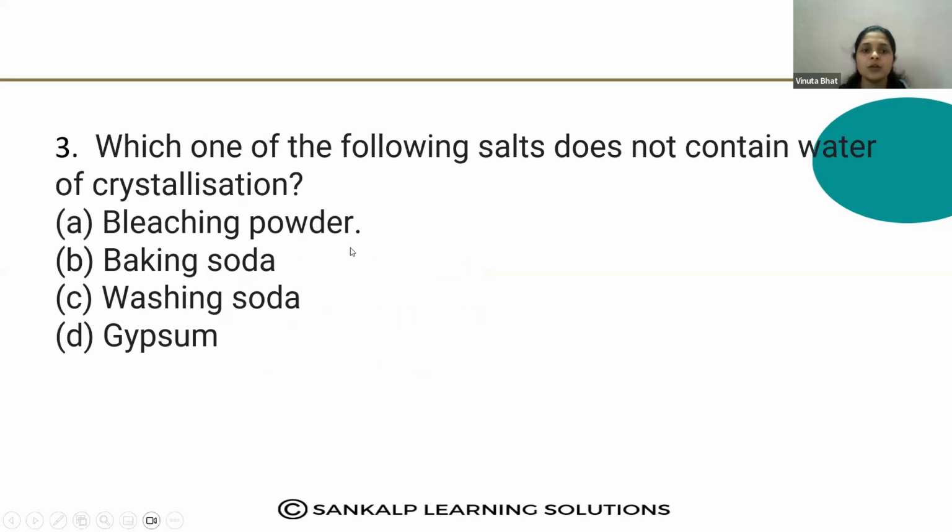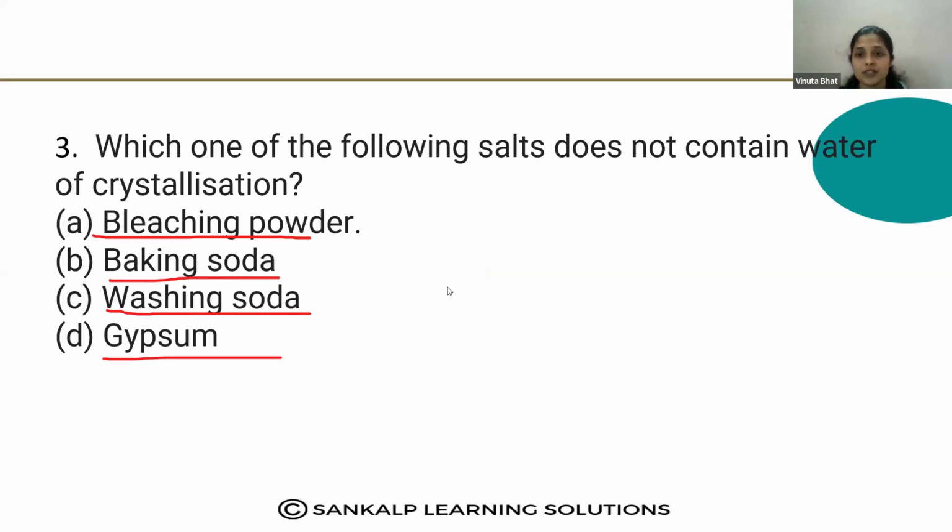Next question. Which one of the following salts does not contain water of crystallization? Option A, bleaching powder. Option B, baking soda. Option C, washing soda. Option D, gypsum. What is the answer for this question?